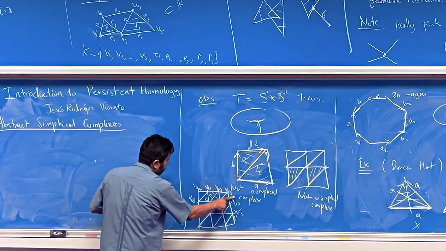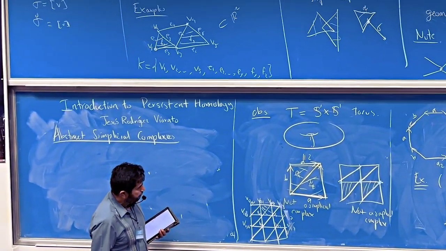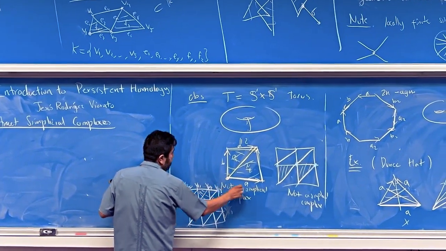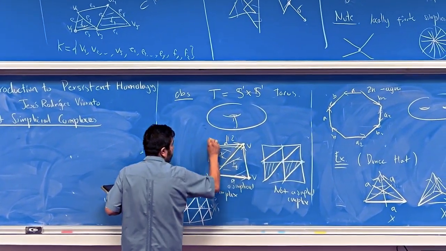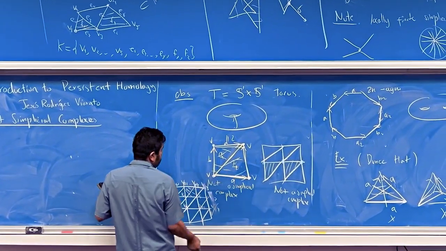These at the side are the same as the ones on the other side. In this case, these vertices are all identified to the same point. All of these vertices are the same. And this edge is the same as this one, and this edge is the same as this one.